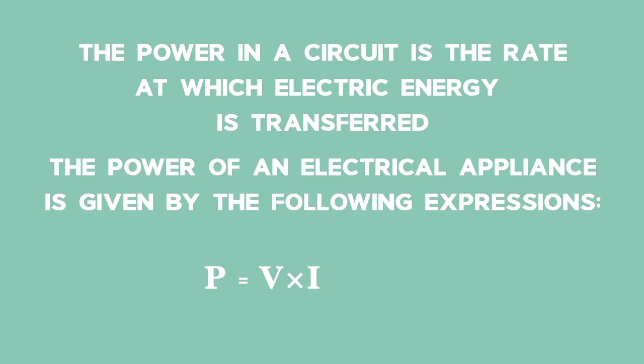Power is equal to the potential difference times the current. Or, power is equal to the current squared times the resistance. Or, power is equal to the potential difference squared divided by the resistance.